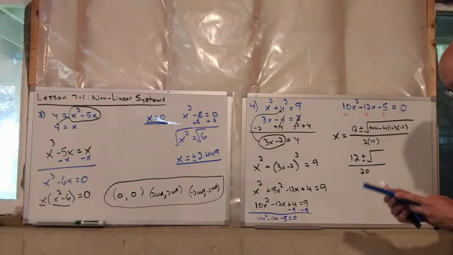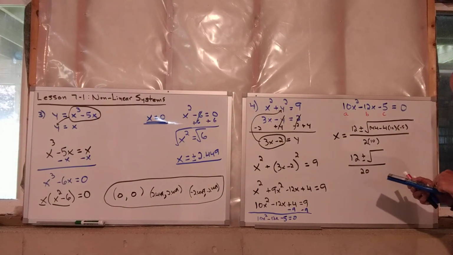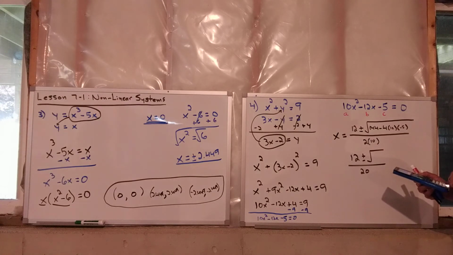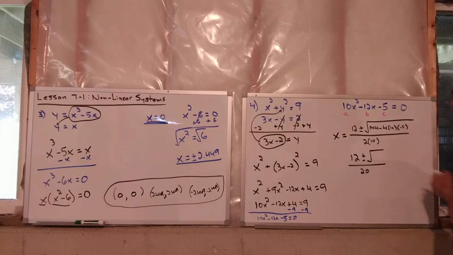So checking this out a second, 144 minus 4 times 10 times negative 5 is 344.